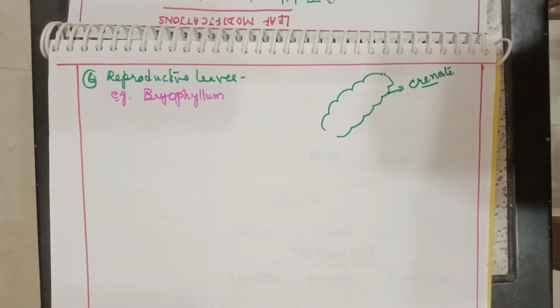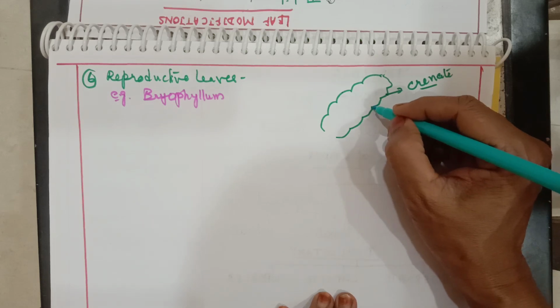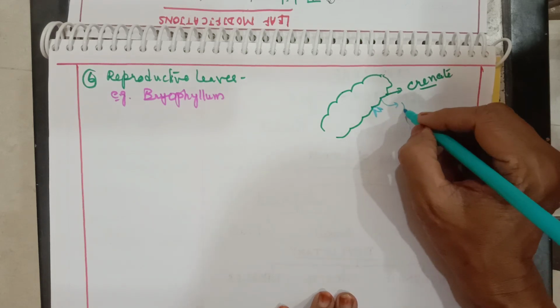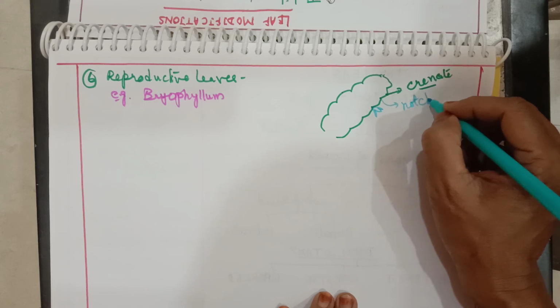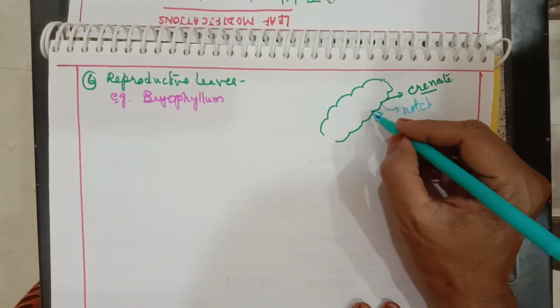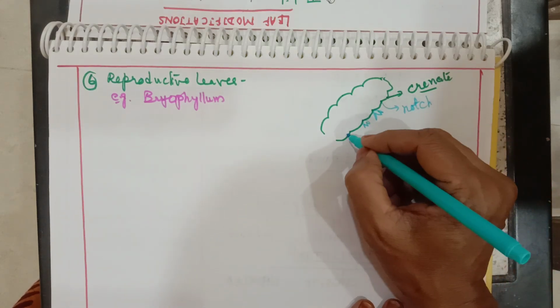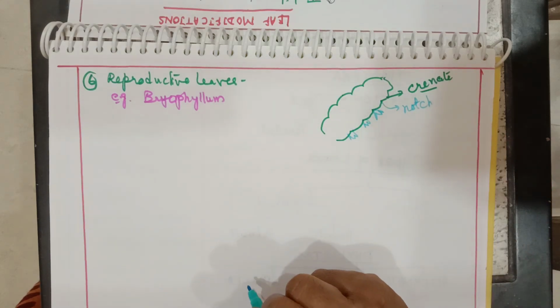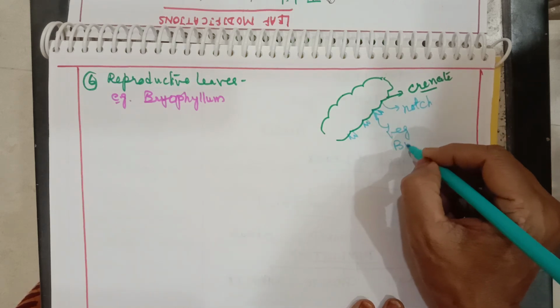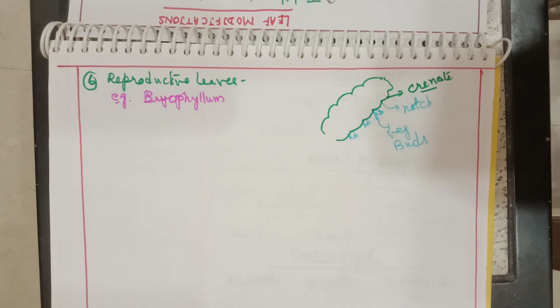Now, in the margin, these are called notches. This part is called a notch. Notch means some small constriction where it becomes narrow. In these notches, the vegetative buds will develop. When these vegetative buds fall off, they can give rise to a new plant.